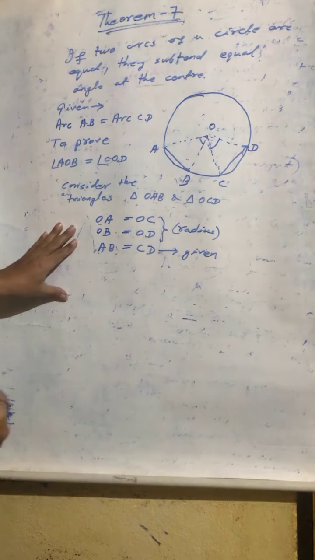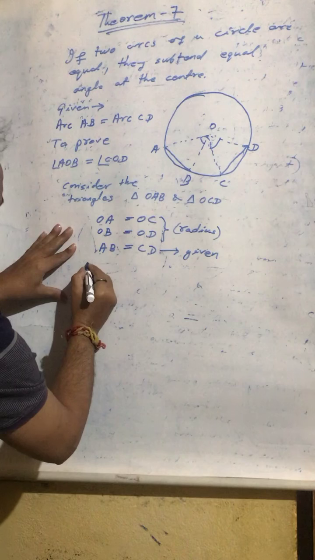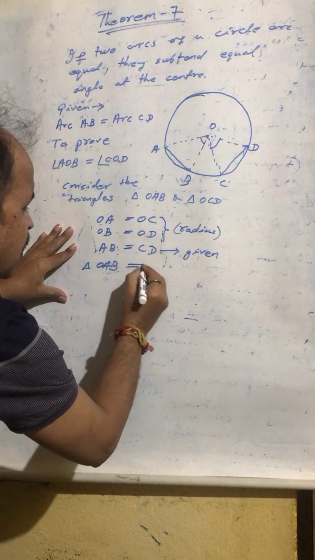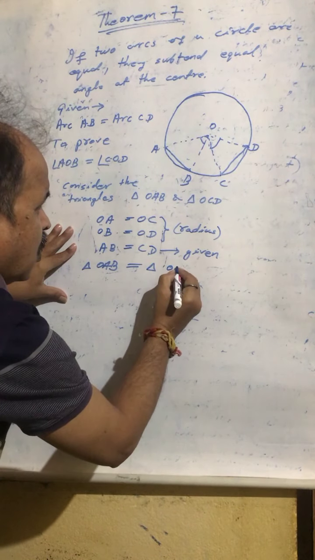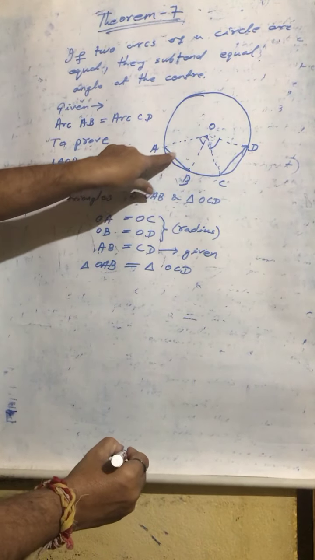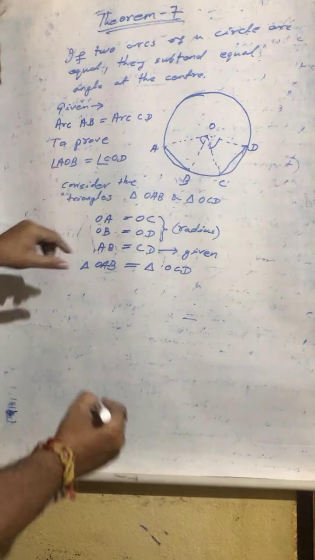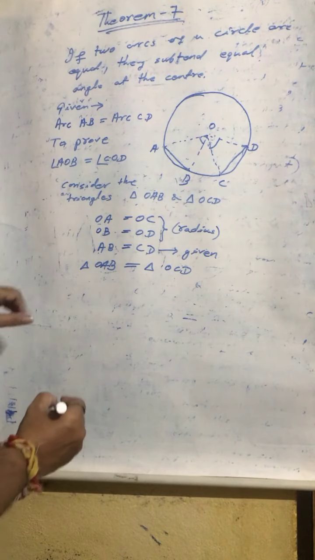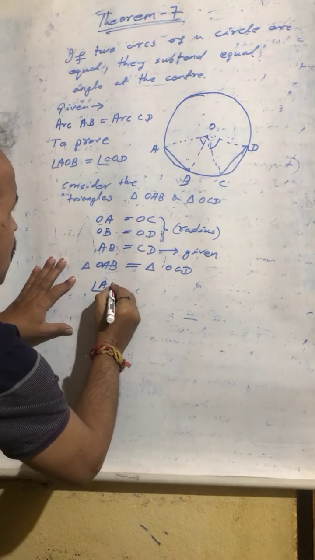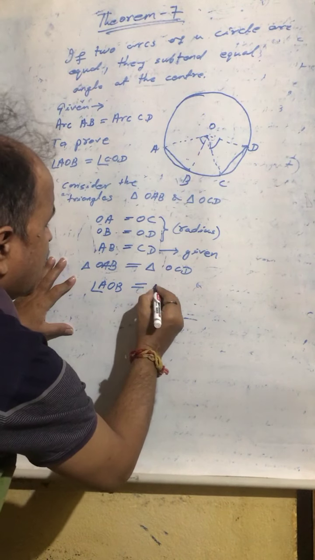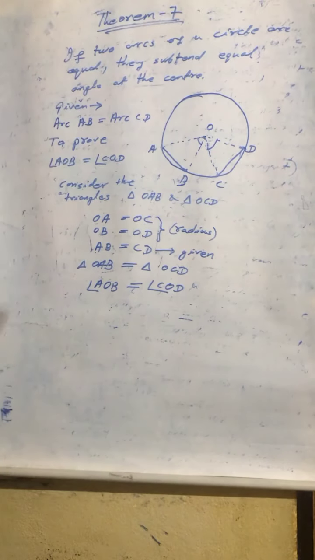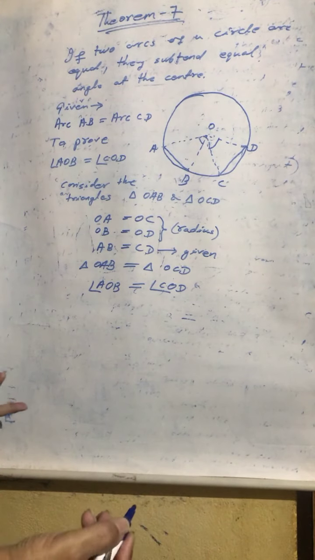So these two triangles become congruent. Triangle OAB is congruent to triangle OCD, which means the angles opposite the sides AB and CD will be equal. As AB and CD are equal, the opposite angles will be equal, that is angle AOB is equal to angle COD. Got it? Very simple, isn't it?